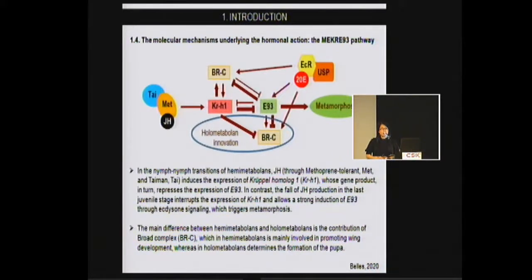The main difference between hemimetabolan and holometabolan insects is the action of the transcription factor Broad complex. In hemimetabolan insects, Broad complex promotes the development of wings. But in holometabolan insects, Broad complex determines the formation of the pupa.